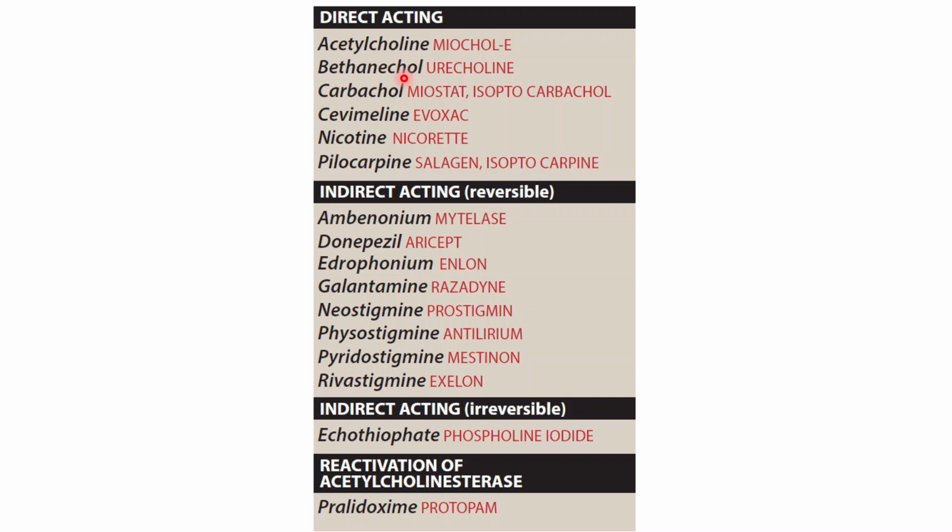And the second group is naturally occurring alkaloids such as nicotine and pilocarpine.